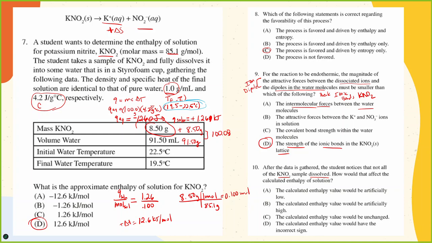So the temperature should really have gone down further. So that's going to make Q AQ, this number right here, smaller than it should be, which then translates to a smaller Q solution.